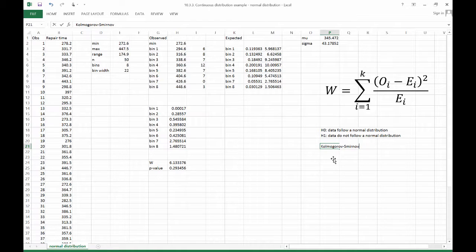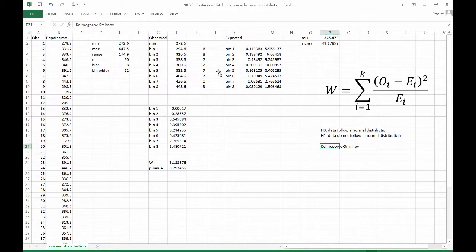Anderson-Darling is another. There are many tests for normality. You'll look up tests for normality on the internet, and you'll find all kinds of tests. This is a very popular one, though. It's a lot more sophisticated than this very simple chi-square goodness of fit test, but this gets the job done in a lot of cases.